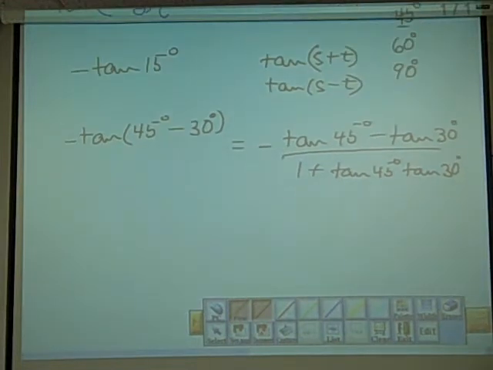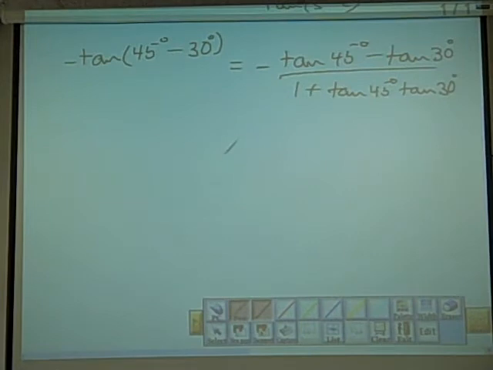Okay, so here we have a negative here, and then that's going to make it tangent 45, that's going to be a 1, minus tangent 30 is square root 3 over 3.